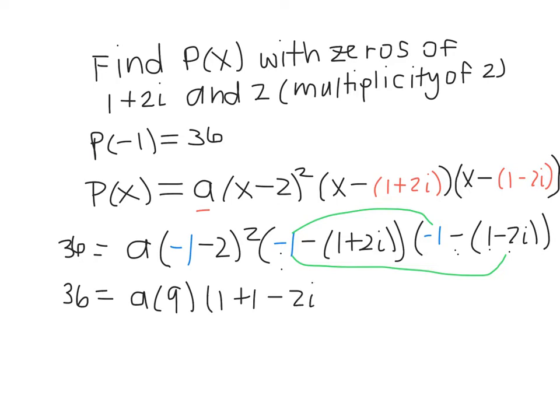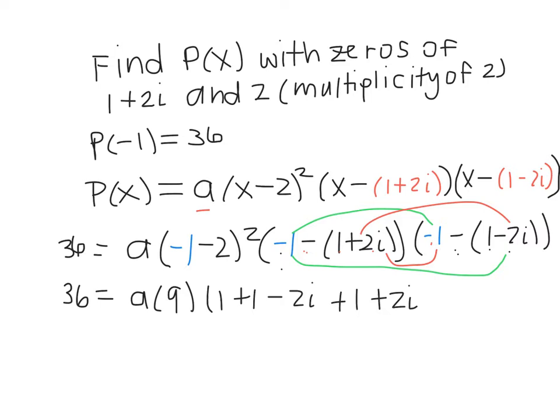All right, now let's multiply together the inside terms here. So we've got negative 1 times a negative times a 1, so that's a plus 1. And then we've got negative 1 times a negative times a 2i, so that ends up being plus 2i. And now let's multiply the complex conjugates together.